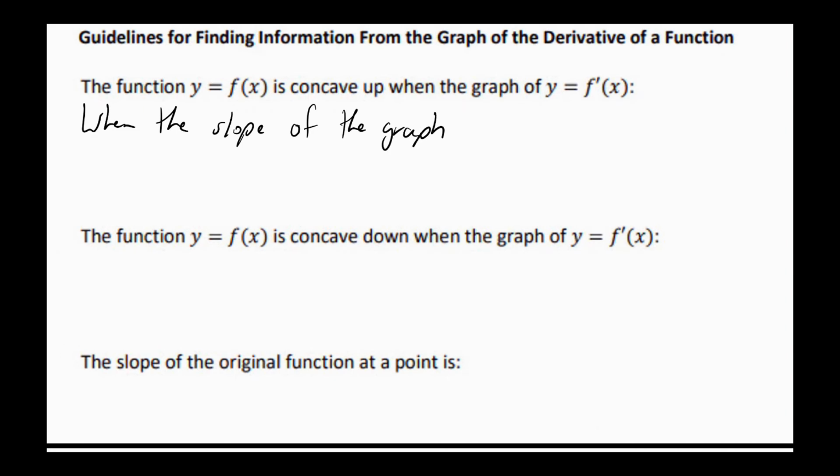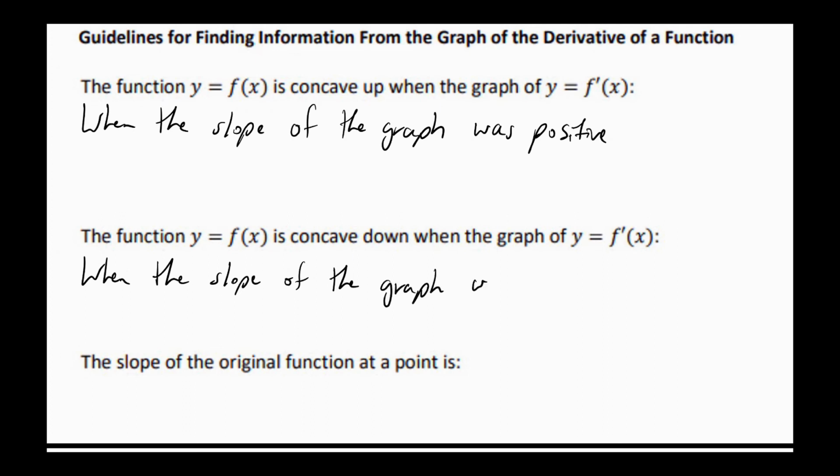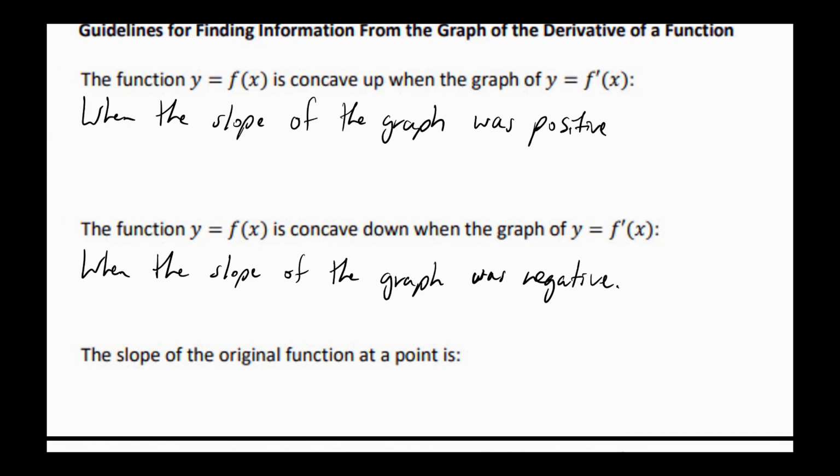When the slope of the graph was positive, increasing in other words, it was concave up. The opposite was true when it was concave down. When the slope of the graph was negative, that's where it's concave down.